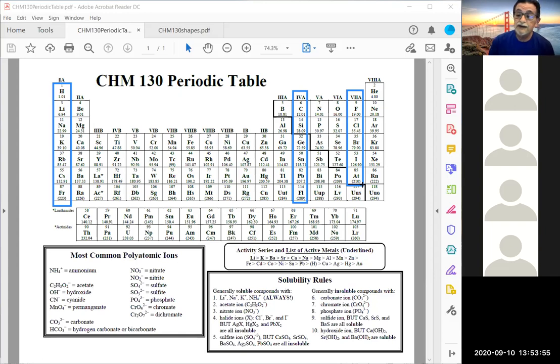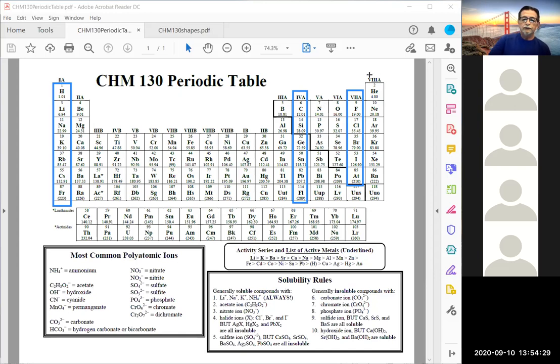So fluorine has 9 electrons total, but it has 7 on the outermost shell, specifically the 2s2 and the 2p5. Chlorine, bromine, and iodine all share the same property. They all have 7 valence electrons in the outermost shell, and therefore react very similarly because they have the same number of valence electrons.